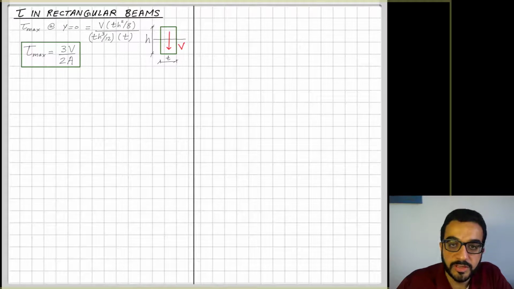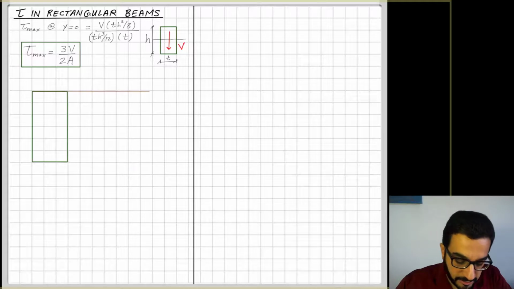Remember in the first lessons of this course, we said that tau average is equal to V over A. And now, with advancing in this class, we can really calculate the shear stress from a shear force in a rectangular cross section to know exactly what the maximum shear stress in that section is, instead of just calculating an average value, which is V over A. Now I know that the maximum stress in a rectangular cross section is equal to 3V over 2A, and it happens at any point on the neutral axis of that rectangular section.